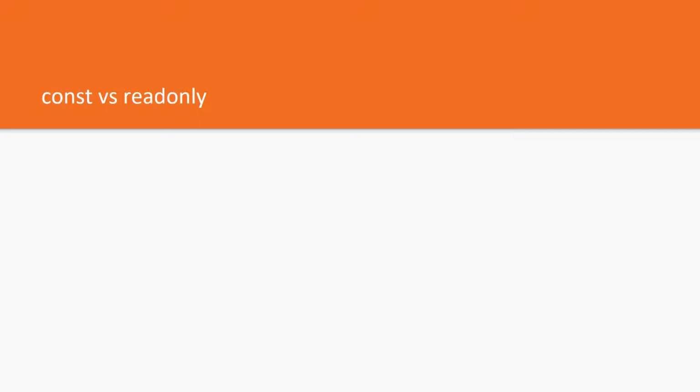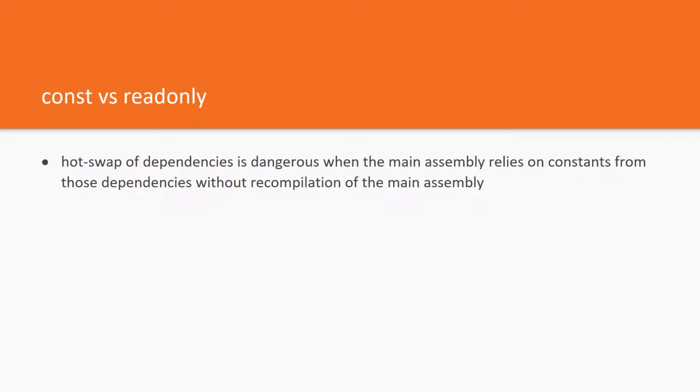The way in which compile time and runtime constants are evaluated affects runtime compatibility. So, the hot swap of dependencies can be dangerous in case you don't recompile the assembly, which uses somewhere constants from those dependencies. Old values will stay baked into the main assembly without explicit recompilation.